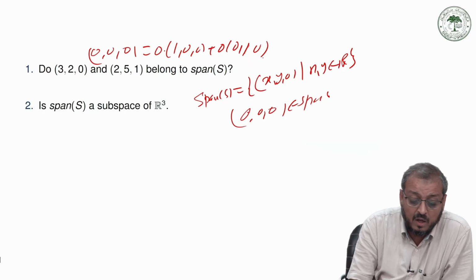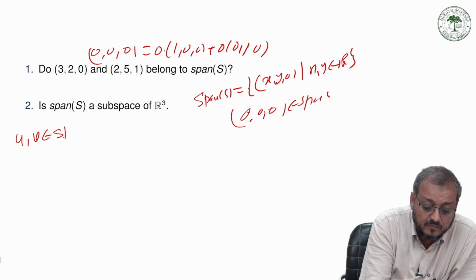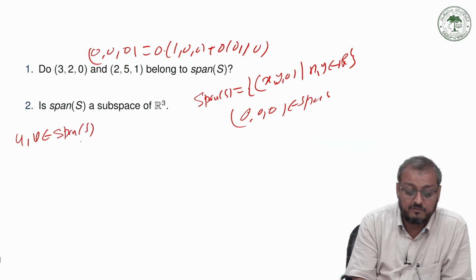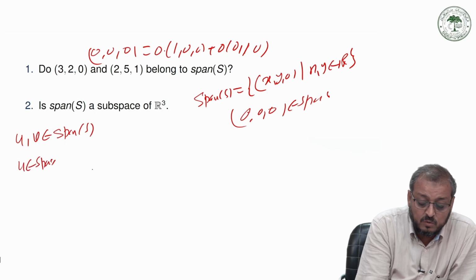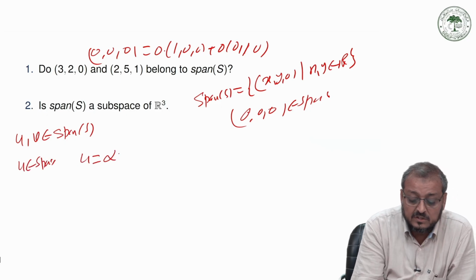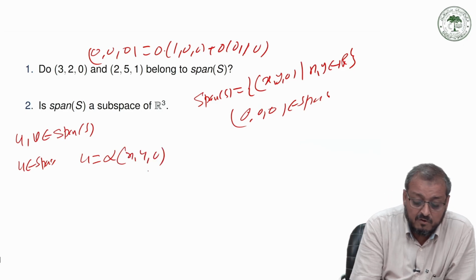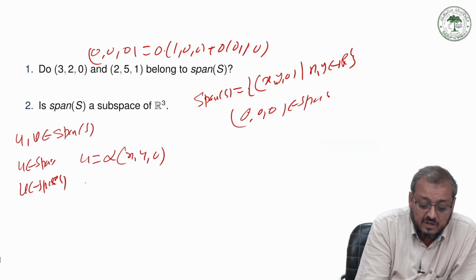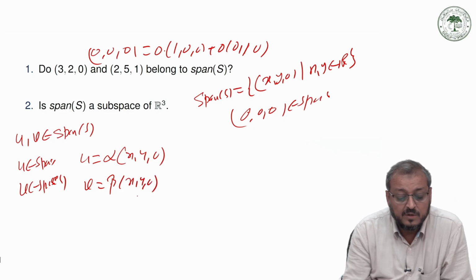Next, we take two arbitrary elements belonging to the span of S and show that their sum also belongs to the span of S. If u belongs to the span of S, then u can be written as alpha times (x, y, 0), and if v belongs to the span of S, then v can be written as beta times (x, y, 0).